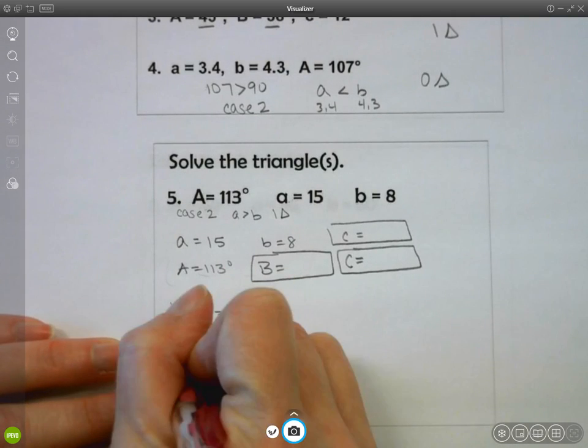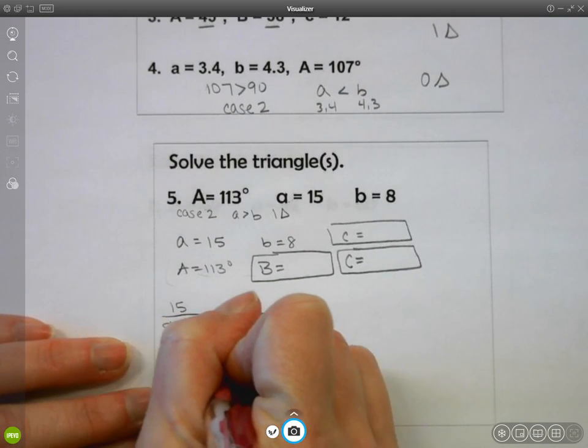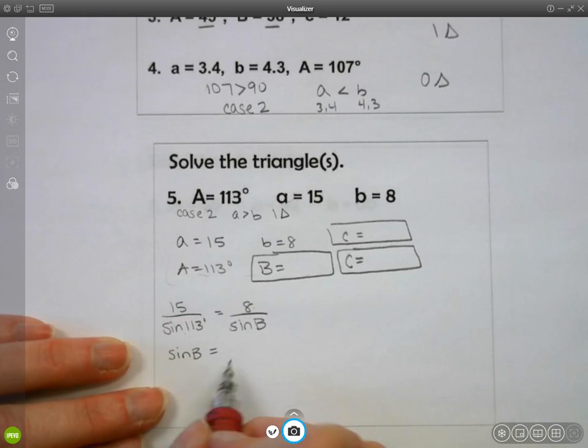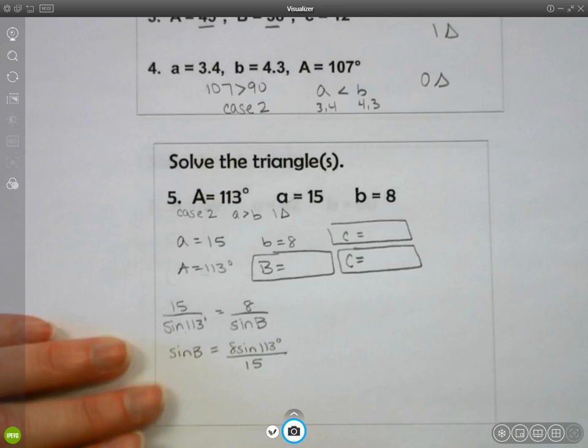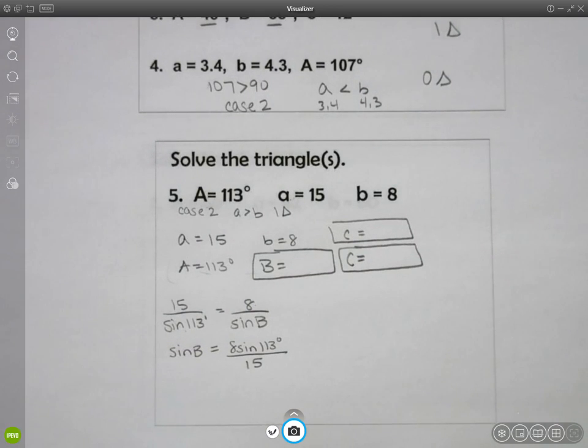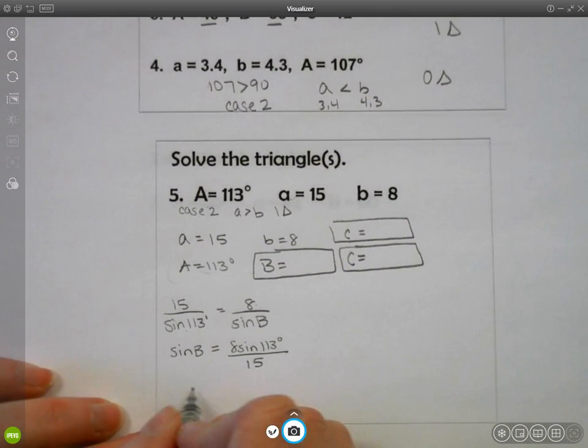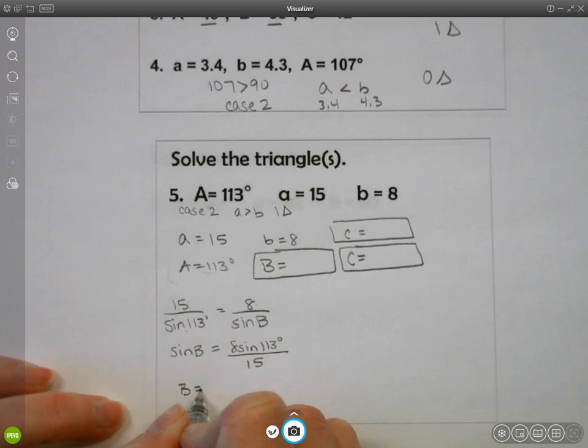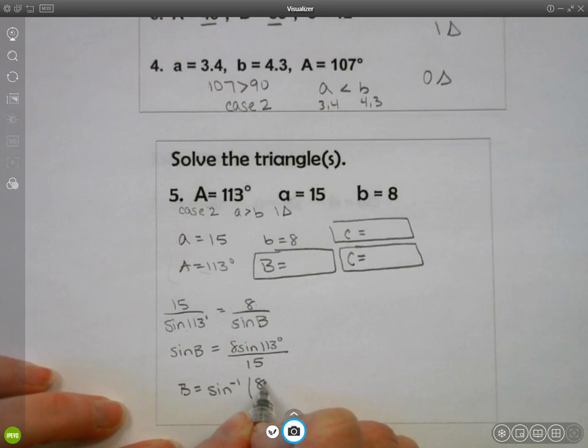So we're going to have sine B is equal to 8 times sine of 113 over 15. All right, so if we put that in our calculator, we're going to get the sine of angle B, and what I really want to know is what is angle B. So remember, to find angles, we just do inverse sine.